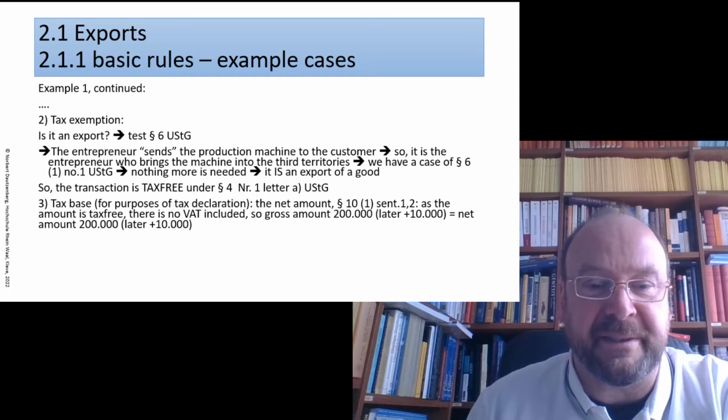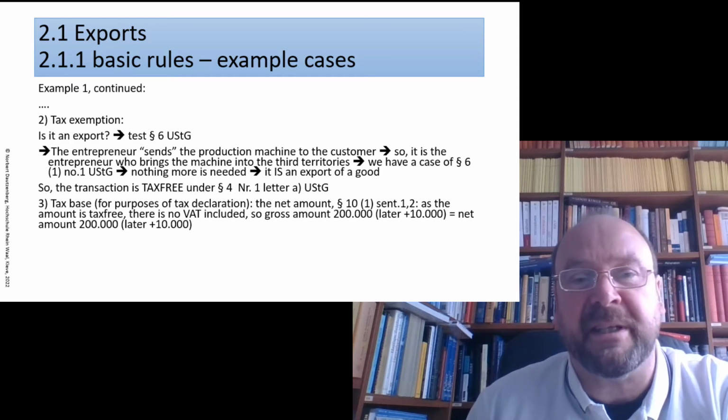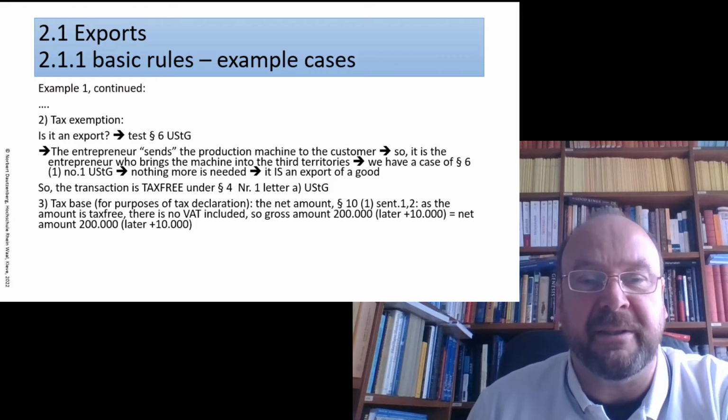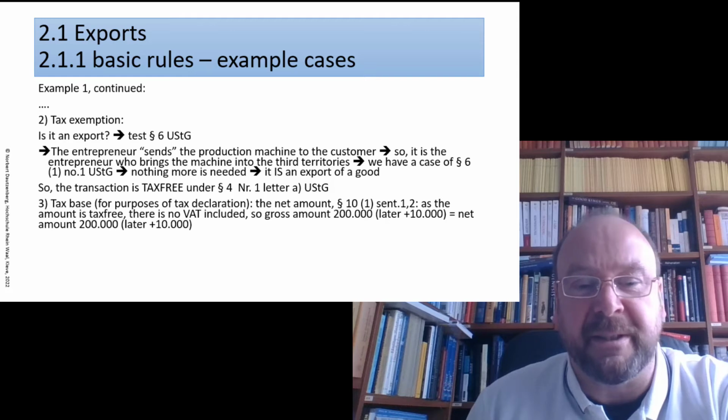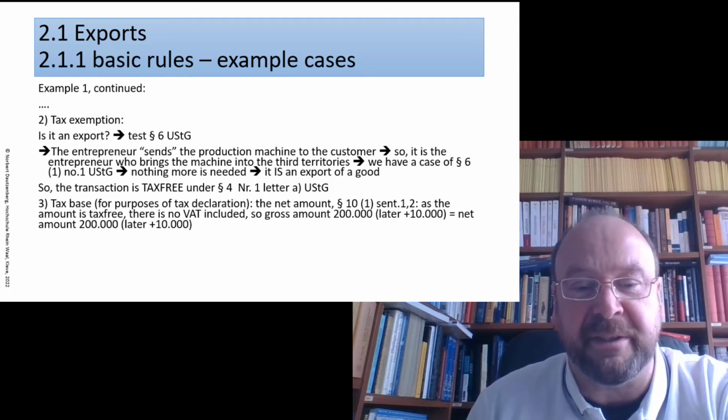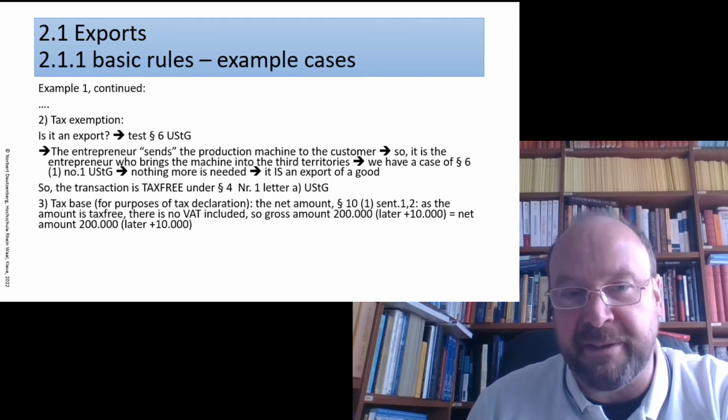So the tax base is a net amount, 10.1 sentences 1 and 2, and as the amount is tax-free, the formula, which is usually everything which the seller gets minus the VAT amount included therein, leads to a simple result. The gross amount is here identical to the net amount because there is no VAT included. First, that amount is 200,000.